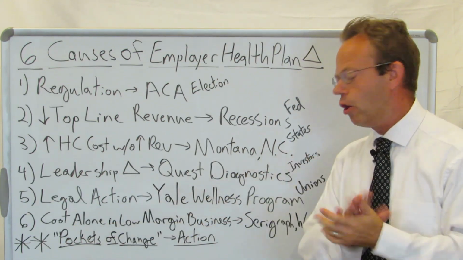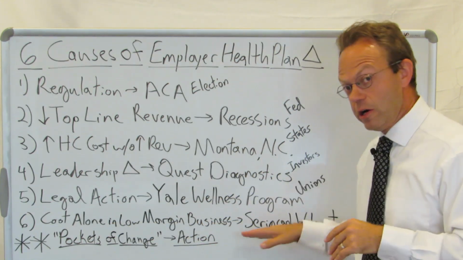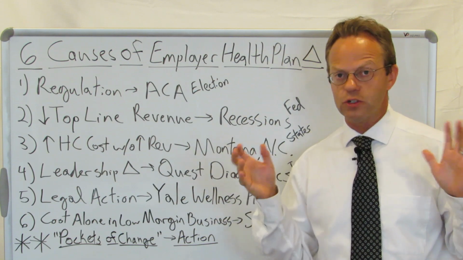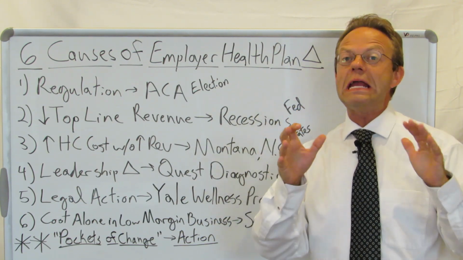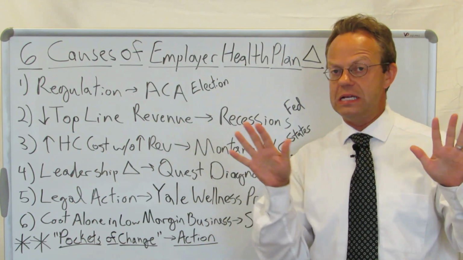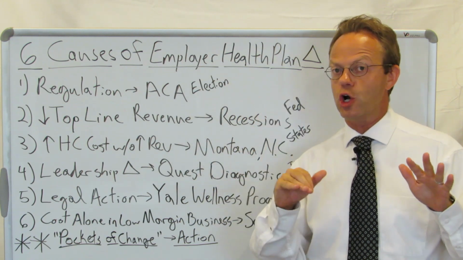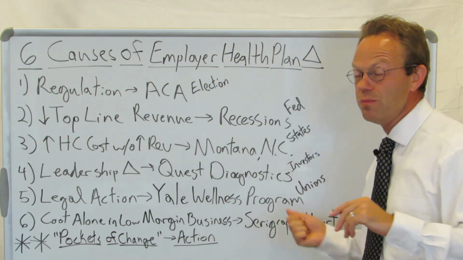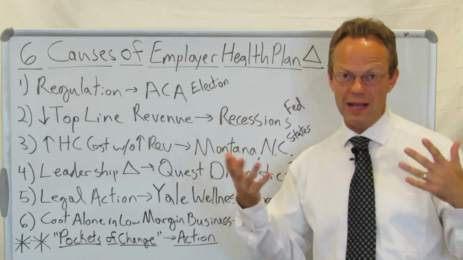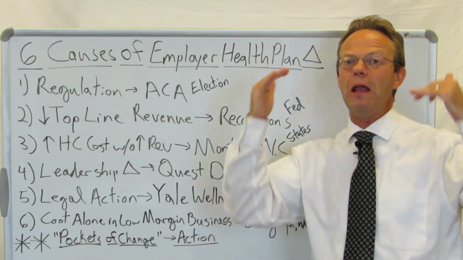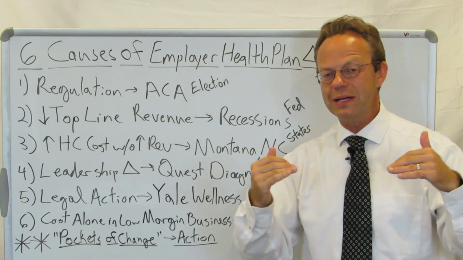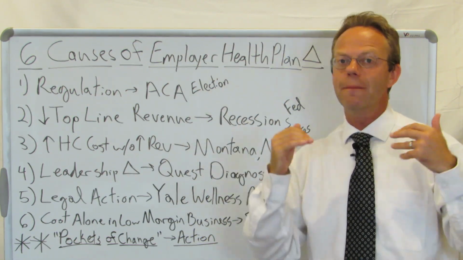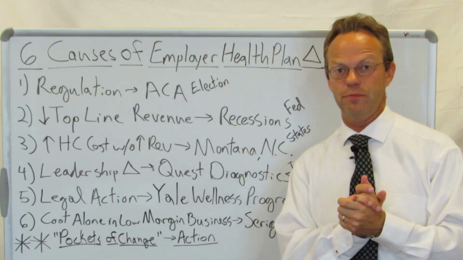It has to happen in a low margin business where Sarah Graf in the automotive industry with John Torrance, he even said himself, look, we are a low margin business. So decreasing their costs was a big contribution to their EBITDA. Likewise with Walmart. I mean, they compete on price and selection. They compete on price. So if they're going to keep their prices low, they have to keep their costs low, meaning their employee health plan costs have to be low.